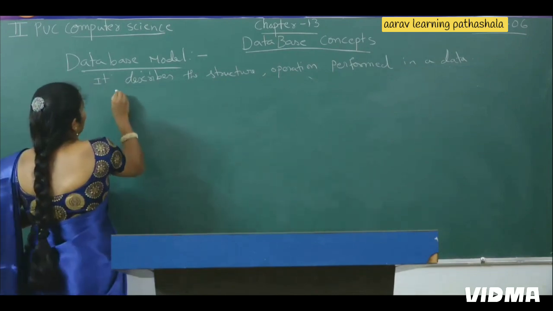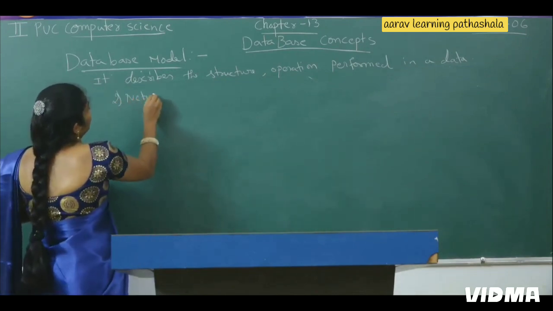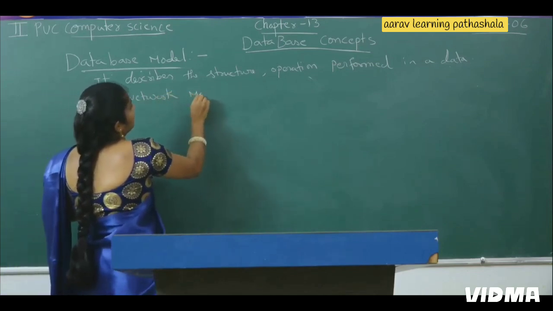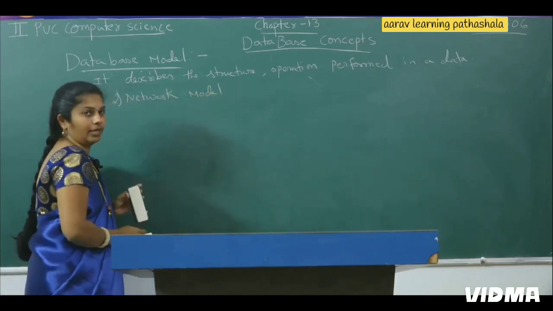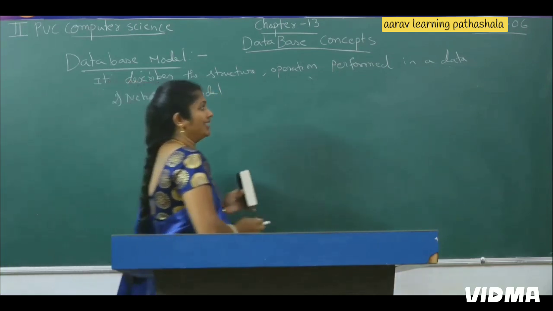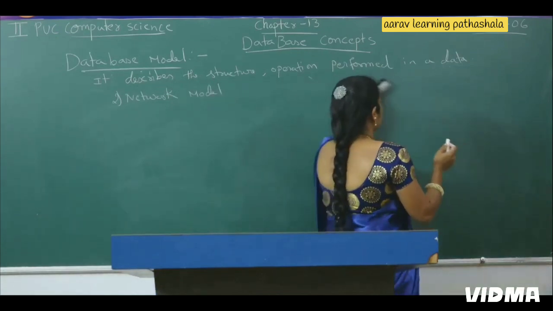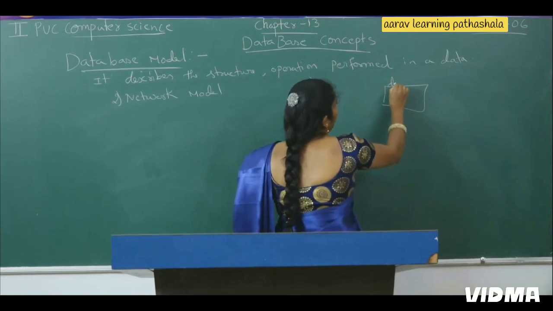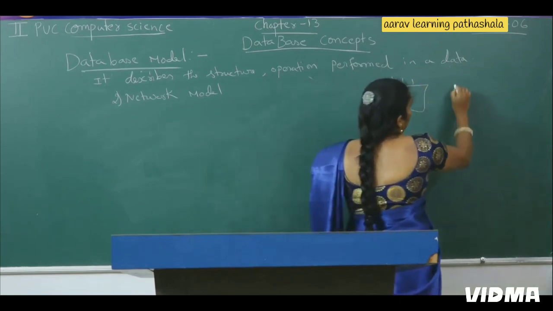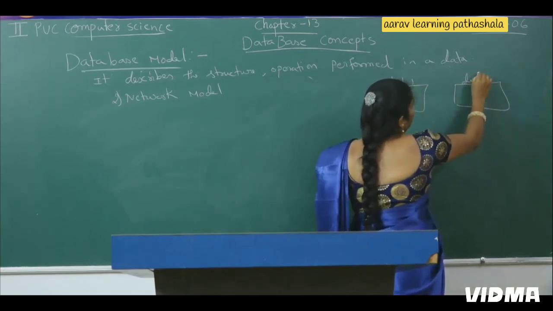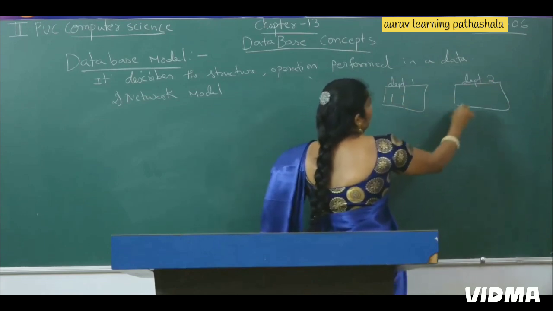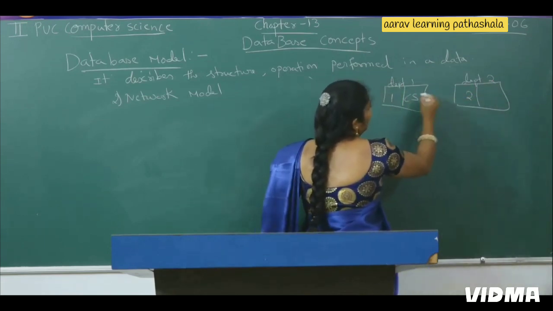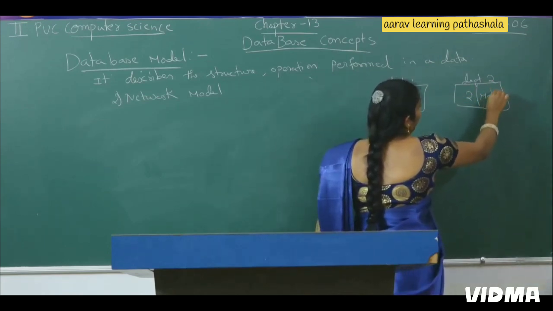And the second one is the network model. What do you mean by this network model? I will show this with one diagram. Consider here we have department 1 and here department 2, for example, CS department and here maths department.